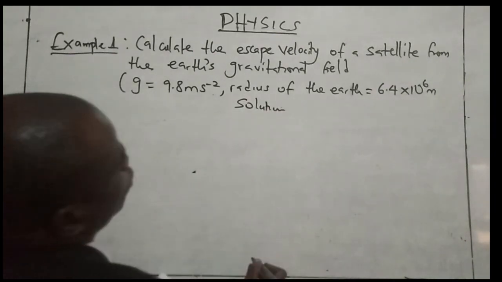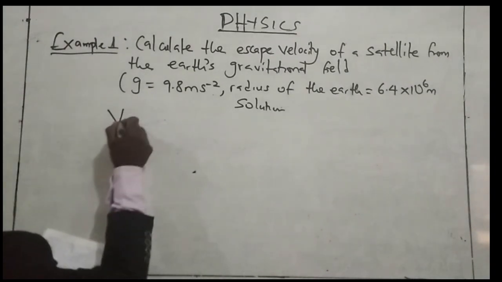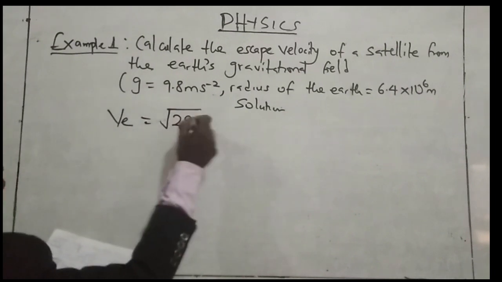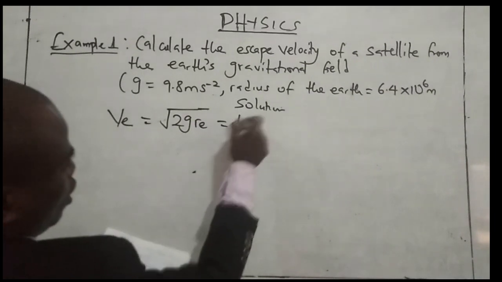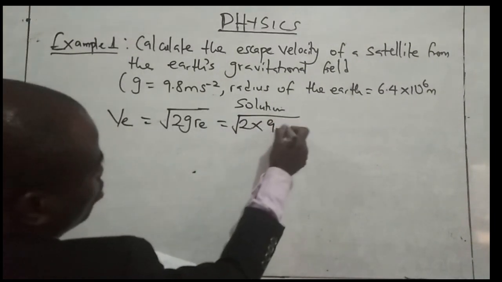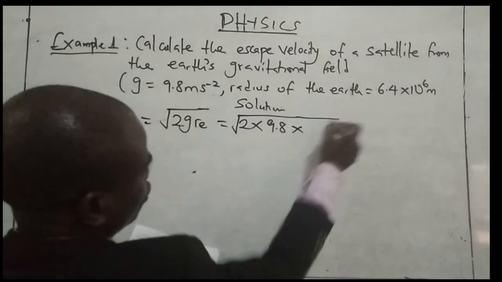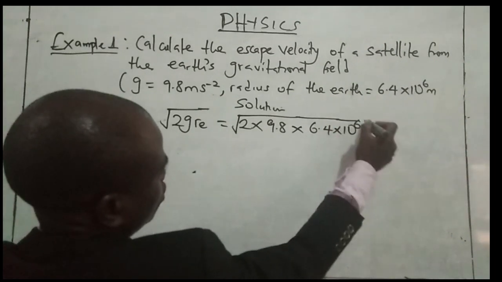Now we have to look for escape velocity, and the formula for escape velocity equals the square root of 2gR_E. That's what we derived in the last class. You have 2 times the acceleration due to gravity, 9.8, multiplied by the radius of the Earth, 6.4 times 10 to the power 6.